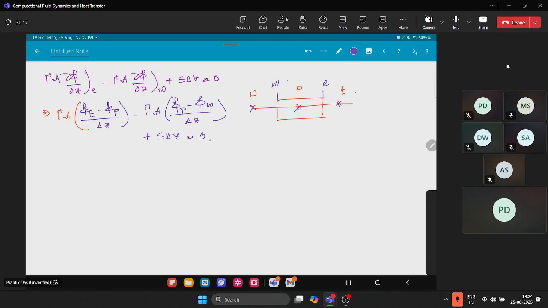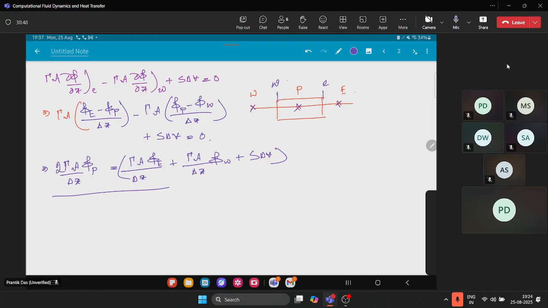So this equation becomes 2 gamma a by delta x phi_p equal to gamma a by delta x phi_e plus gamma a by delta x phi_w plus S delta V.